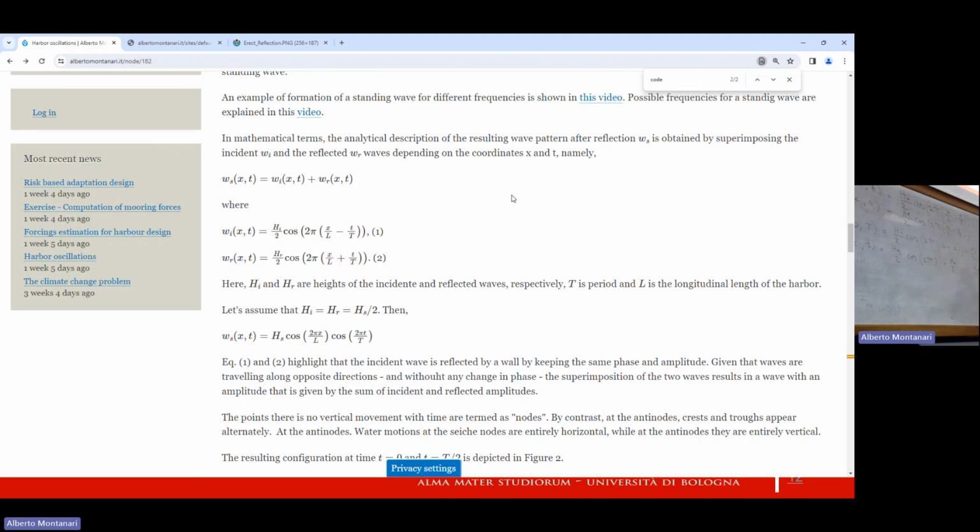So basically, in order to put a node there, we should get cos π instead of cos 2π, because cos 2π is again 1. Cos π will be minus 1. So in order to get cos π, I think it's the period that should change.